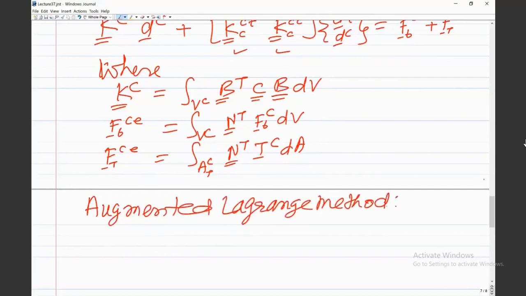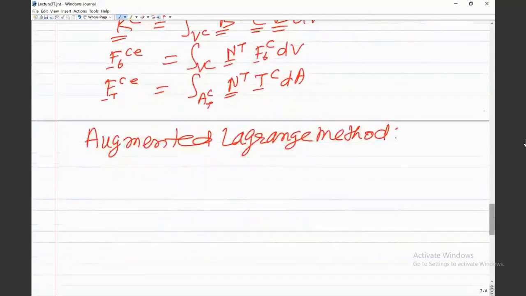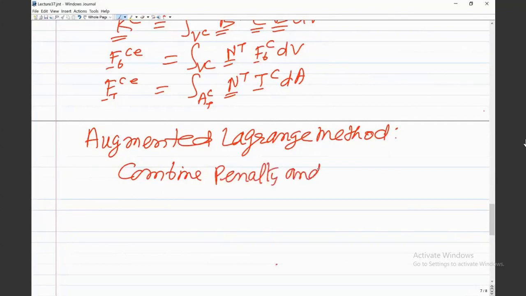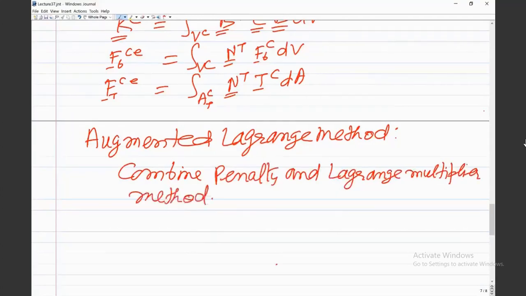Let me write the basic form. What we do is we combine the penalty and Lagrange multiplier methods. Lagrange multiplier we discussed in the last class. That is what is done in the augmented Lagrange method.